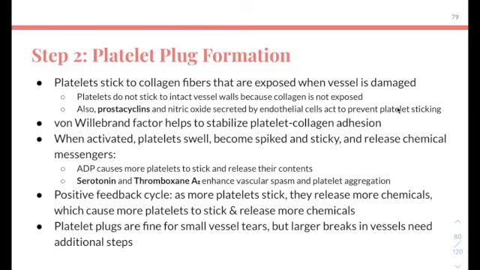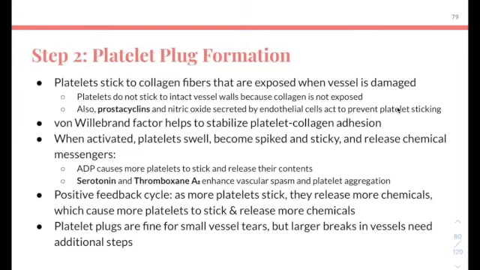So once the blood vessel's been punctured, collagen is available for the platelets to start sticking. When that blood vessel constricts, it helps to activate the platelets to swell as well, to get bigger. And they release chemical messengers, those platelets do.